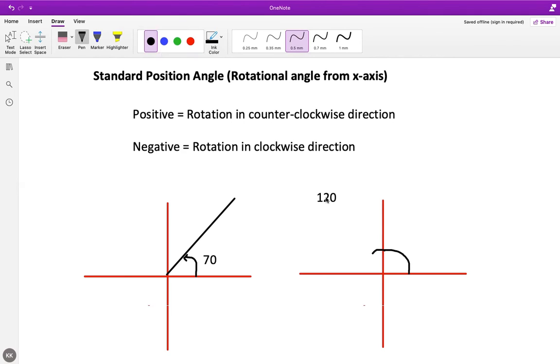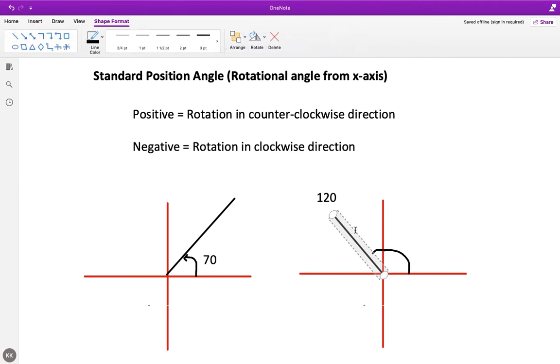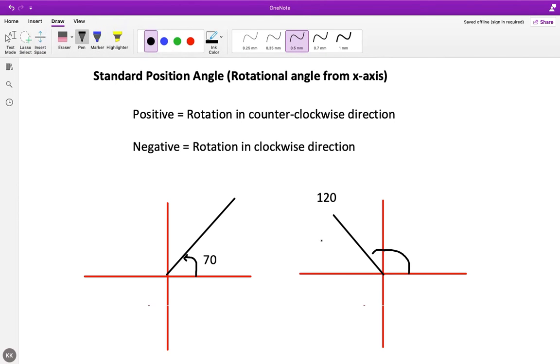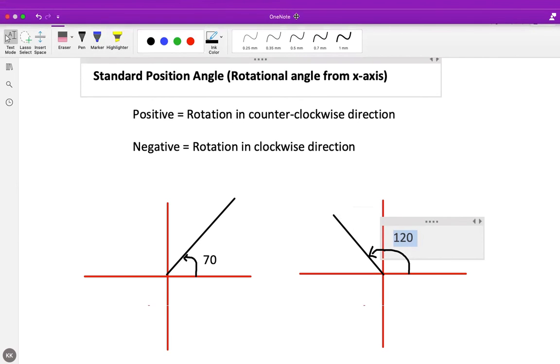This angle is in quadrant 2. I put my terminal arm here, which signals that the angle stops, right around this position, and I put the arrow sign. This one is 120 degrees. I hope you understand the basic idea of the standard position angle. Let's see other examples.